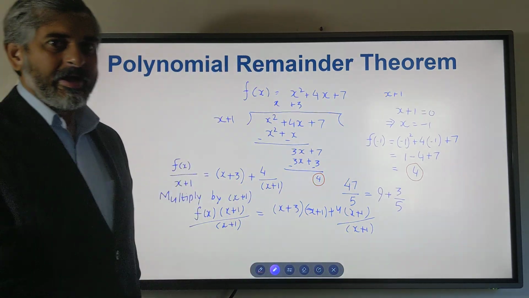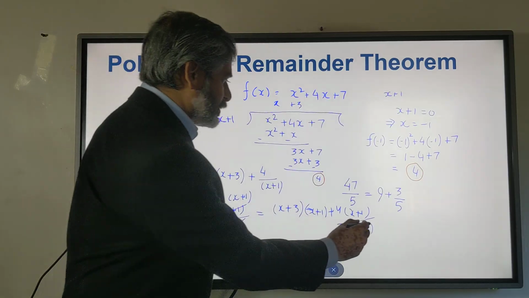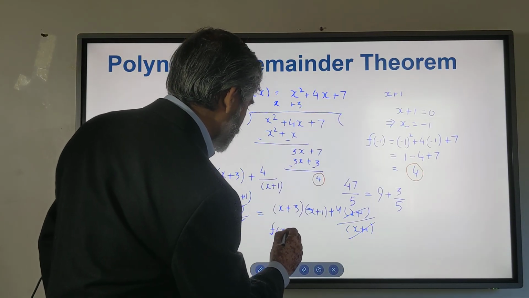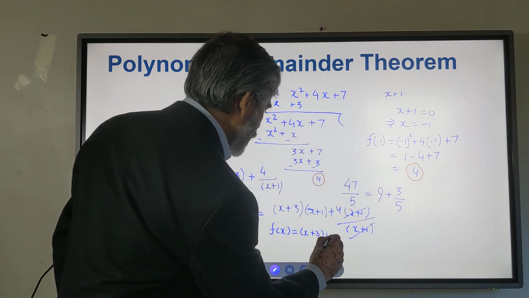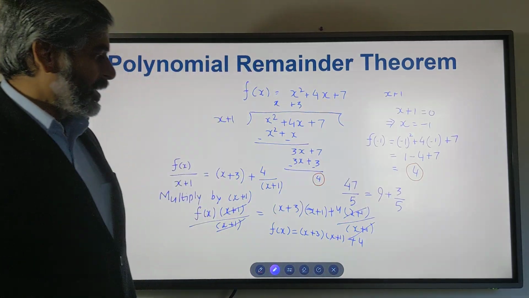And if you simplify this thing, this x plus 1 cancels here, so we simply get f(x) equal to (x plus 3) into (x plus 1) plus 4, and this 4 is the remainder.